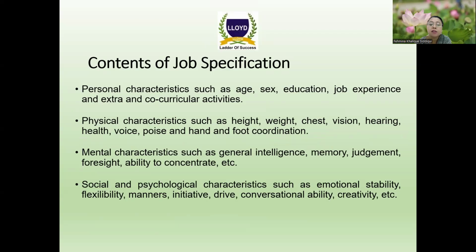Personal characteristics like age, gender, education, experience, and extracurricular certificates, if any, that the job incumbent has. Physical characteristics can also be mentioned in a job specification if they are a demand of the job.